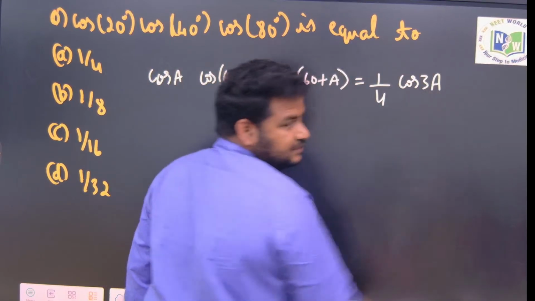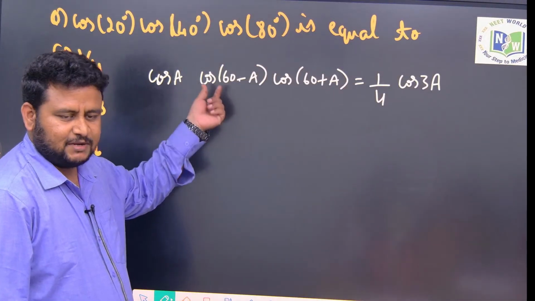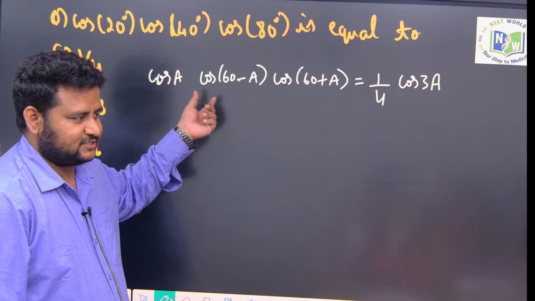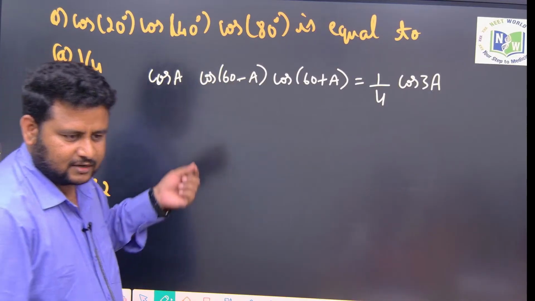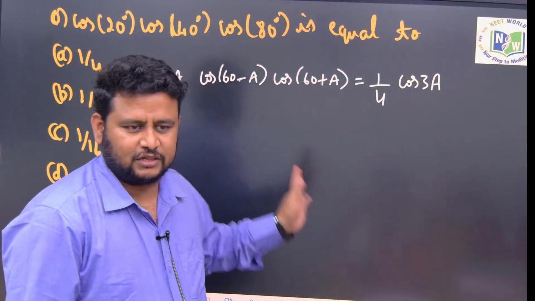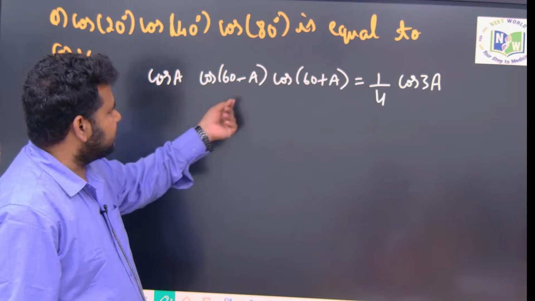If you observe, this is not just for 60, it is applicable even for all the multiples of 60, that is 120, 240, 360. So see here, cos a, cos(60 minus a), cos(60 plus a).